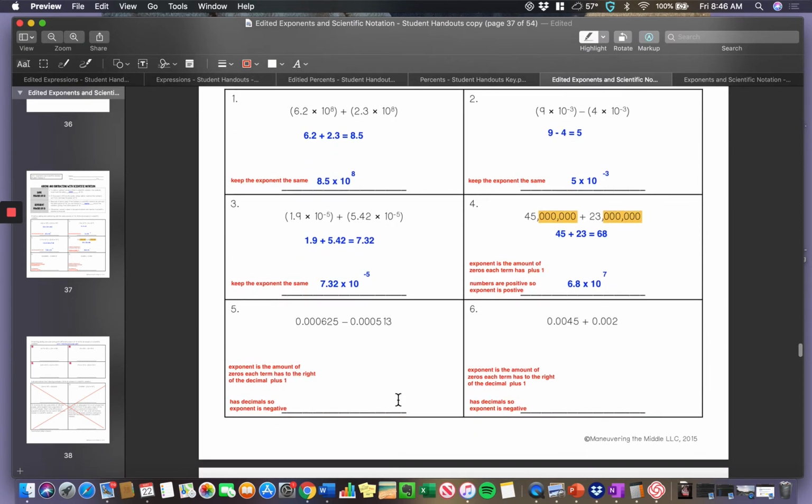All right, and very similar to down here, our exponent was the amount of zeros each term has to the right of the decimal point. But of course, first I need to add these two numbers together. So basically I can just add the 625 plus 513.